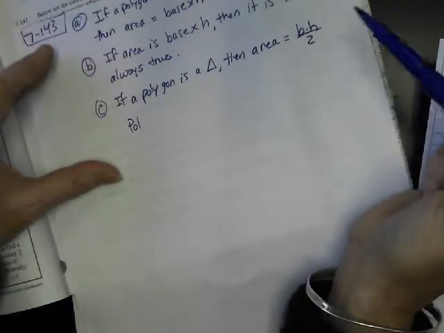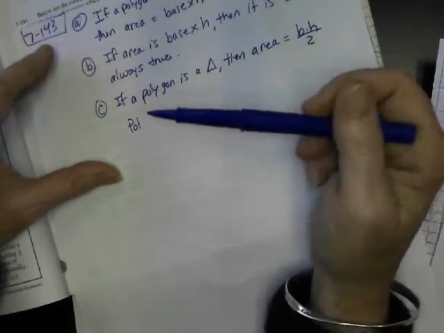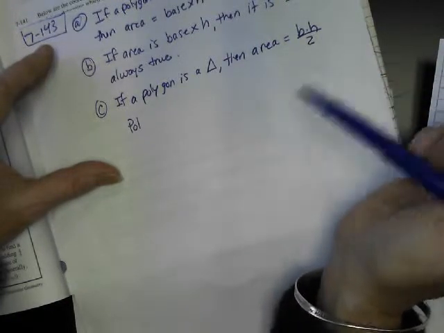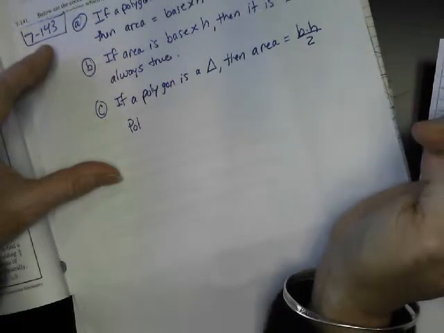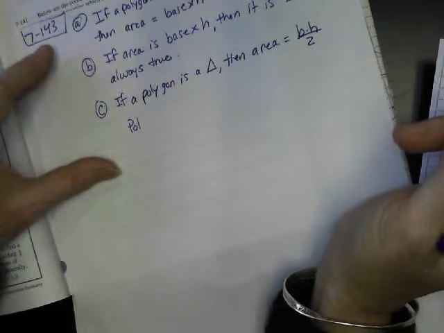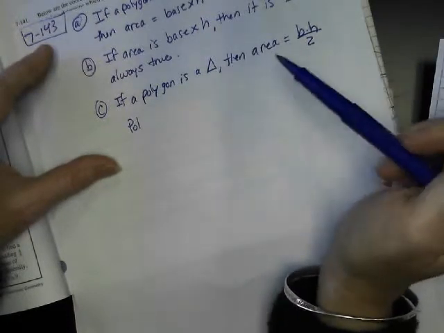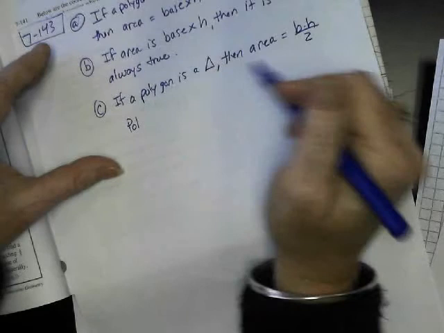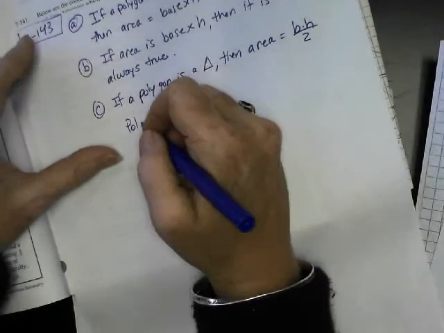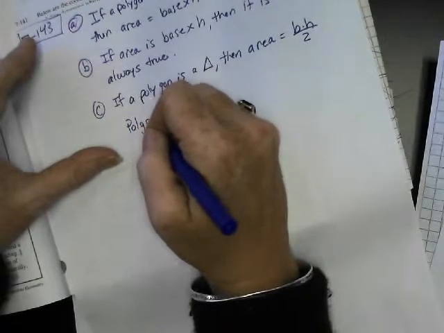But if you put it backwards, it doesn't necessarily have to be. If the sum of the angles is 180, then it's a triangle. I think that's true, isn't it? No, it could be a line. Well, he said polygon though. Yeah, both of these work.